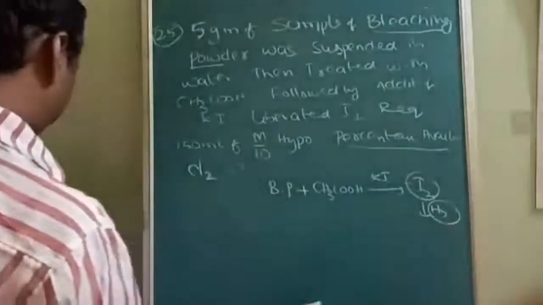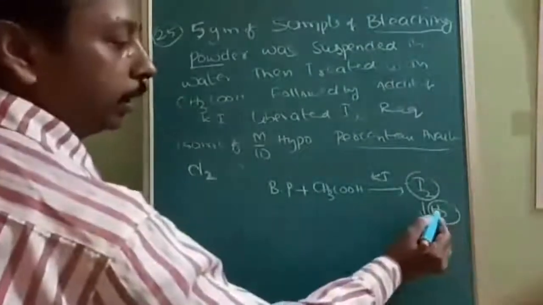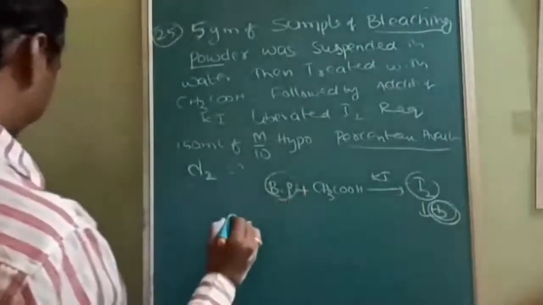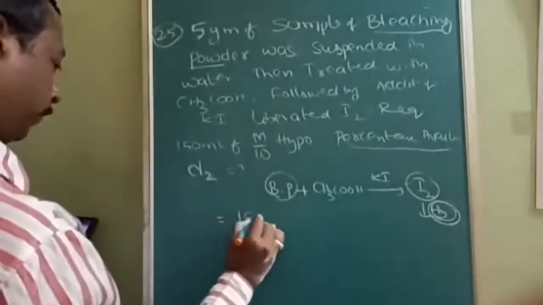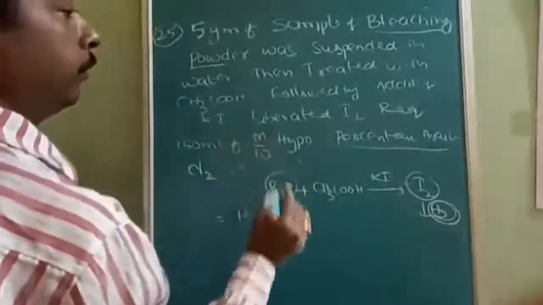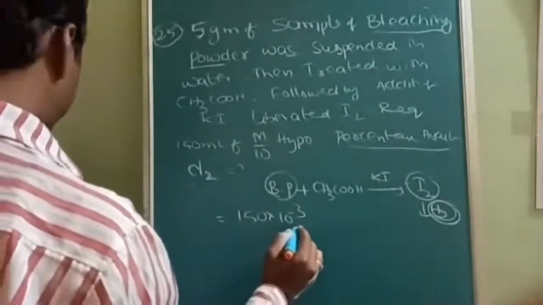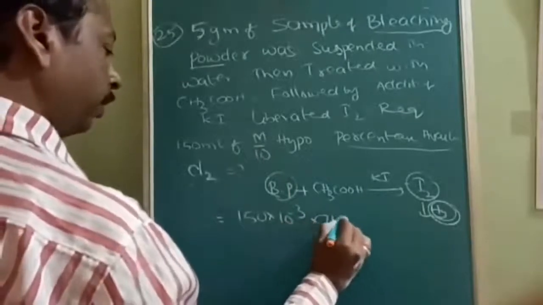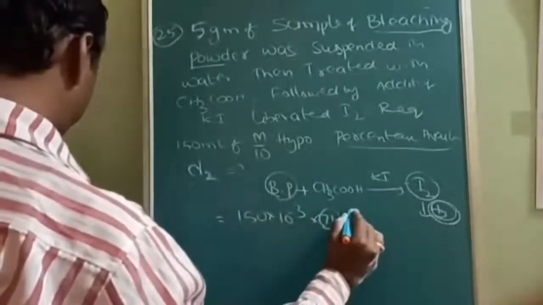Finally, what is the formula? The equivalent of hypo used is equal to the available chlorine. The formula is 150 into 10 to the power of minus 3, into 71. Chlorine's molecular mass is 71.